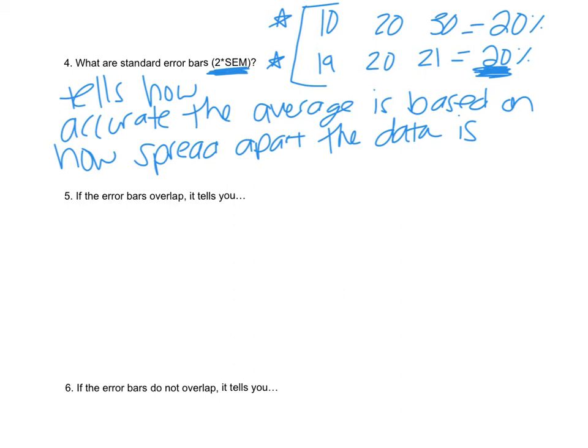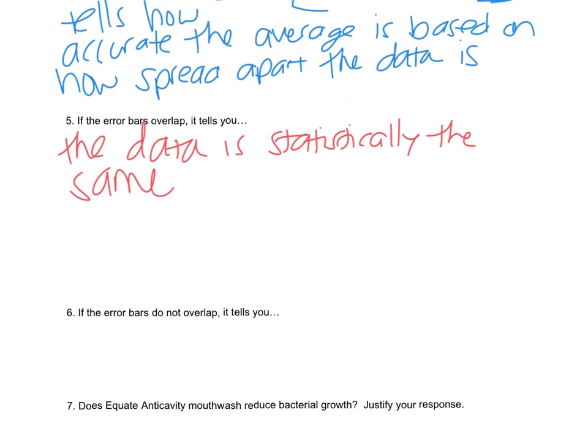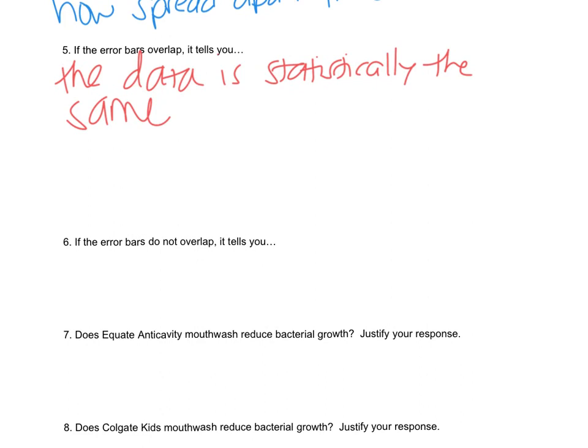So if I see error bars overlap, it tells me the data is statistically the same. And if my error bars do not overlap, that tells me the opposite: the data is statistically different.